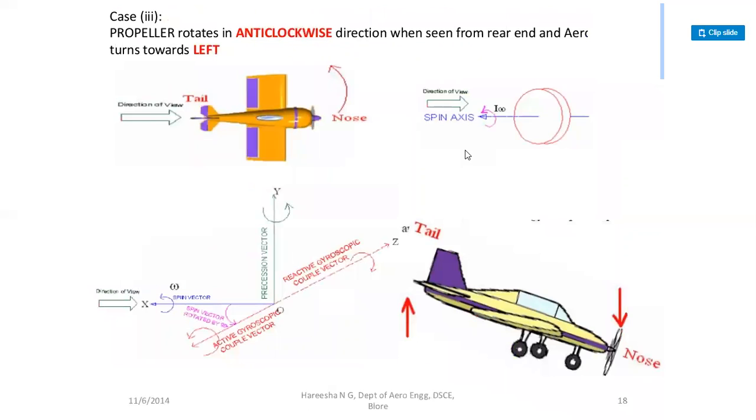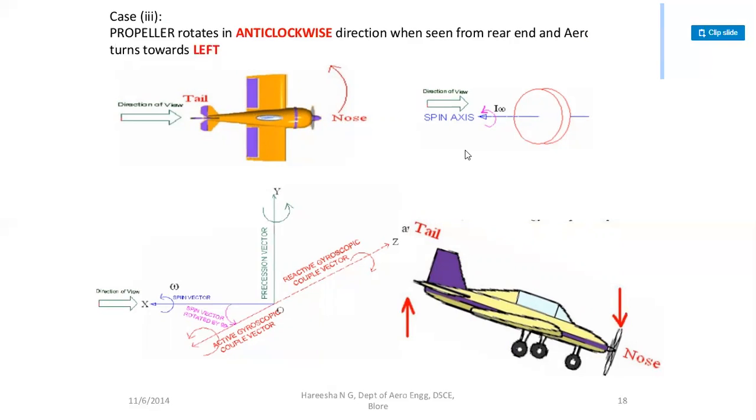Now, case 3. When the propeller rotates in the anti-clockwise direction when seen from the rear, and the aeroplane makes a left turn, right? The gyroscopic couple which is produced is analyzed with the help of the right hand thumb rule. The spin vector, precession vector, and gyroscopic couple vector are taken.